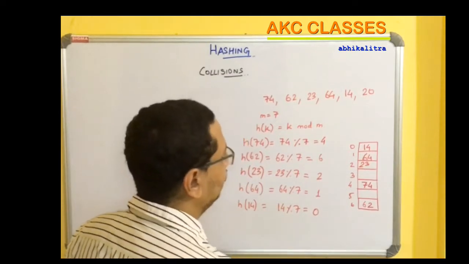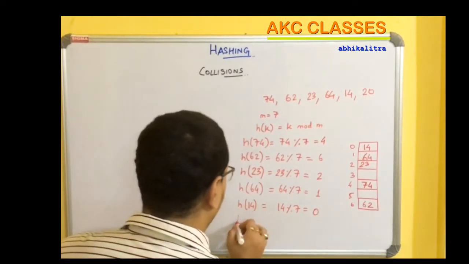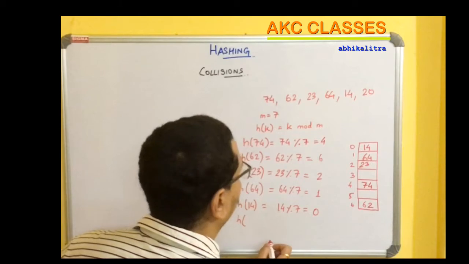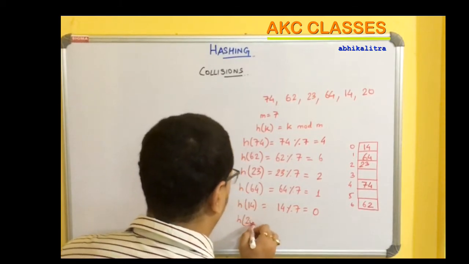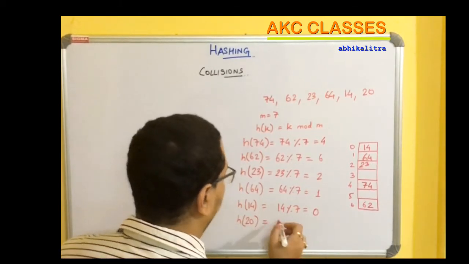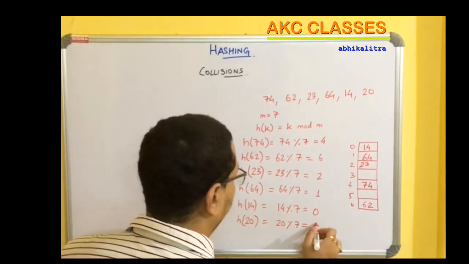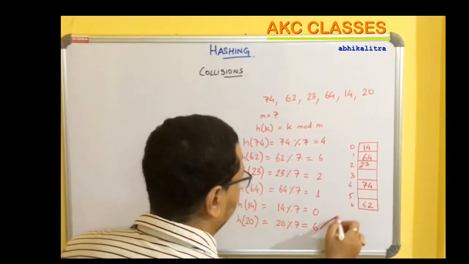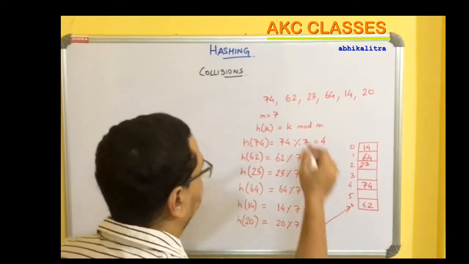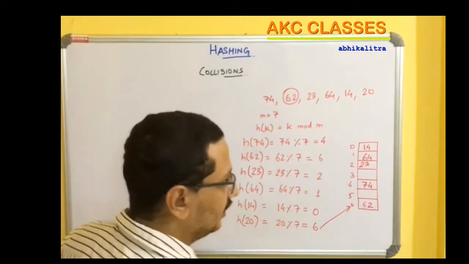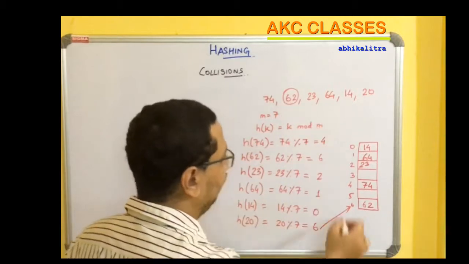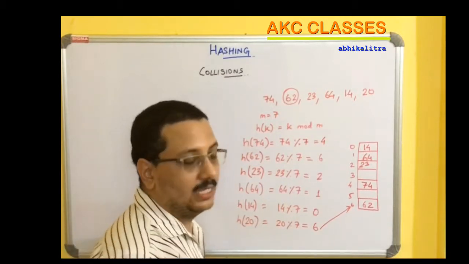Next, we take a value of 20. When we take the value of 20 and divide it by 7, we get a value of 6. But 6 is already occupied by some other data value, which is 62. This particular situation is known as collision.